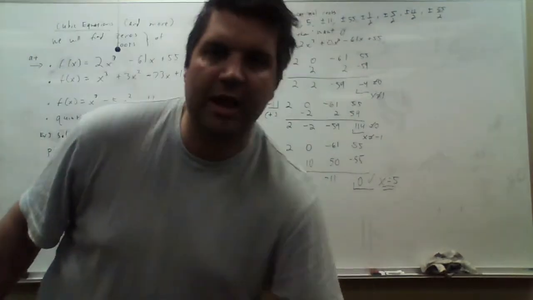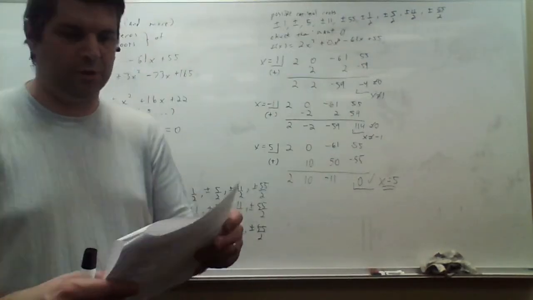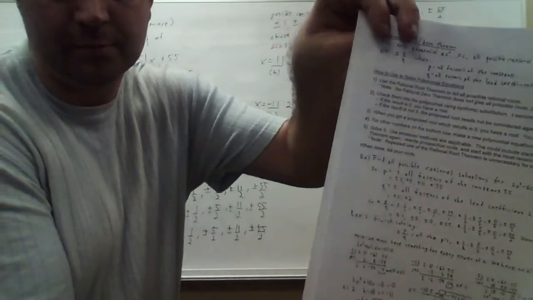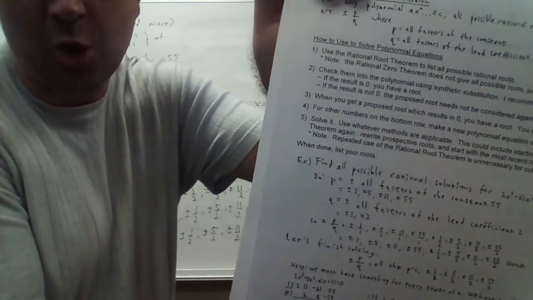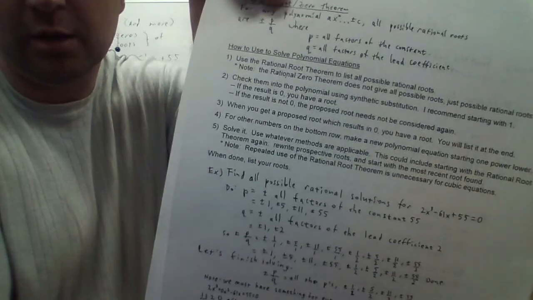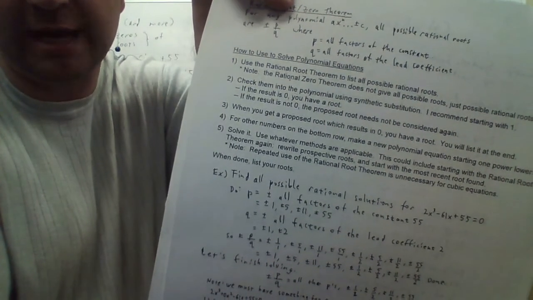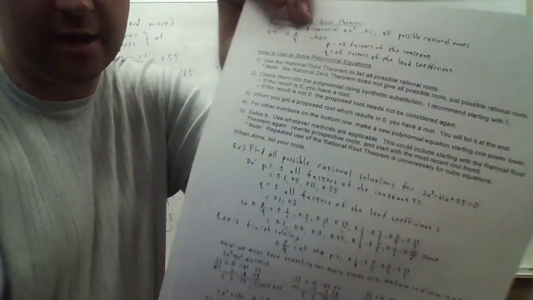All right, now that we've got a root, let's look at the next thing we would do. Step 3. When you get a proposed root which results in 0, you have a root. You will list it at the end.